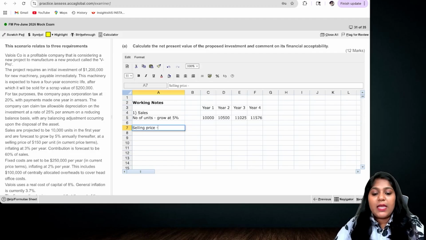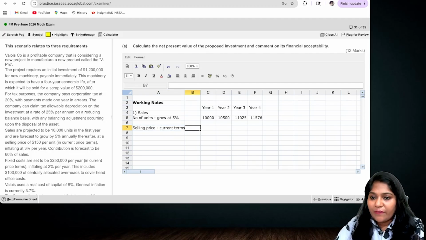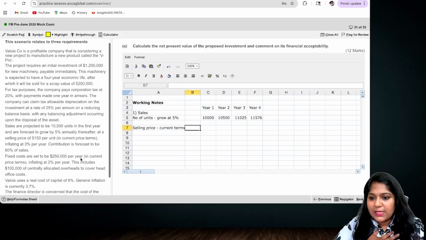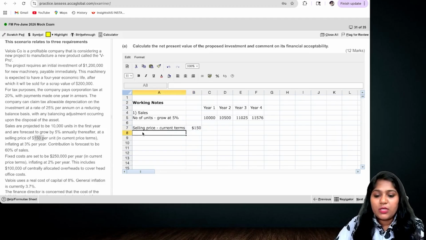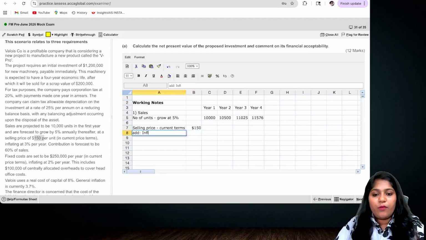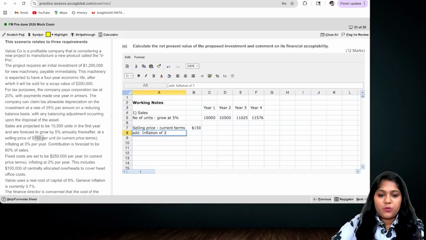So now, what is the selling price? Selling price in current terms, if you take year 0, we have a selling price of $150 in current price terms. But you have to go ahead and add inflation of 3% per year.